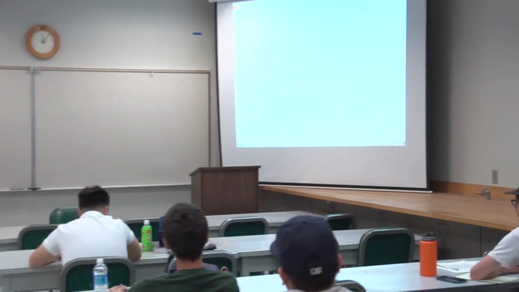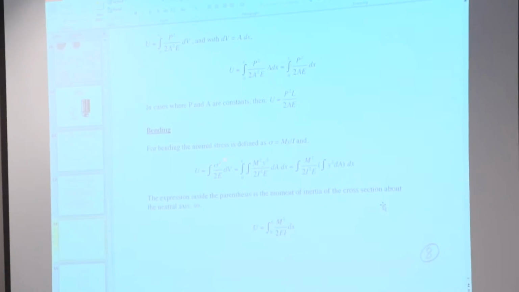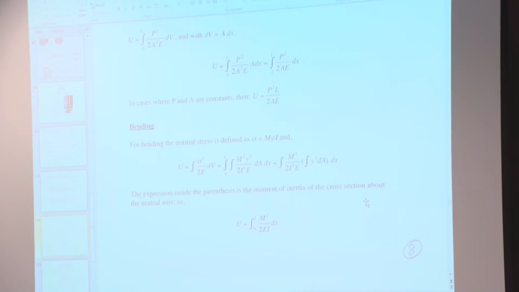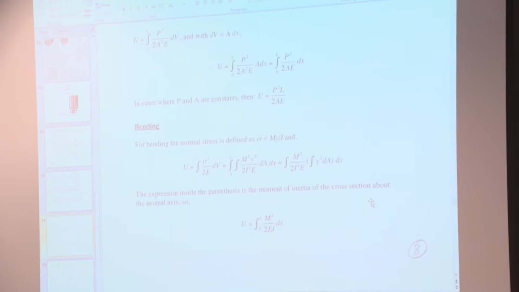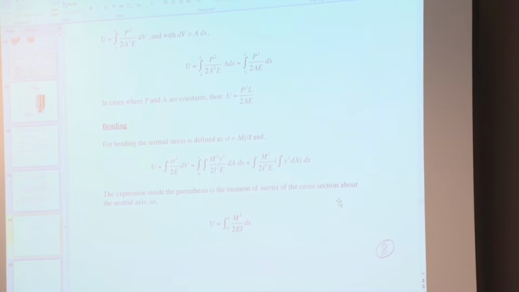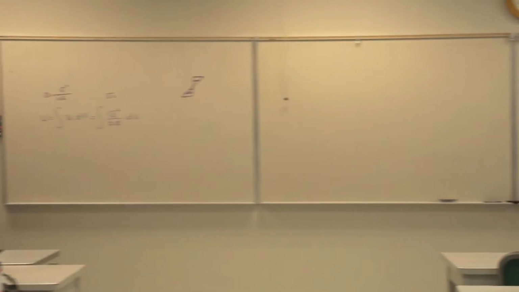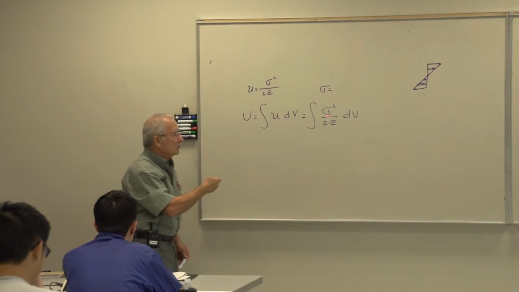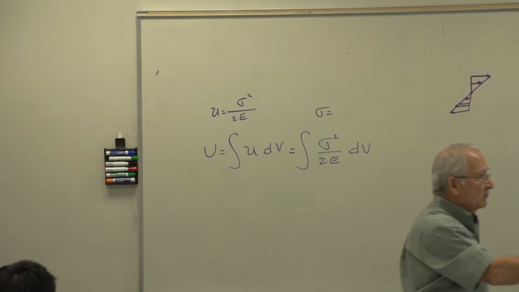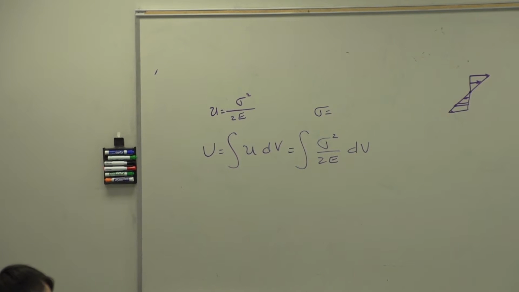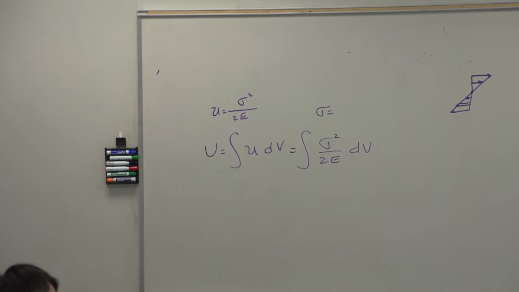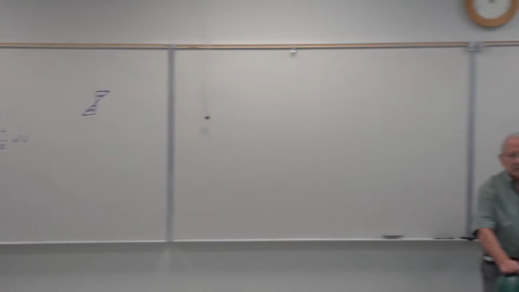If we do that in the equation that I have on the board, we say the integral of u dV equals, and substitute for this now, the integral of sigma squared over 2E dV. Now we substitute for sigma, and if we do, this is what we get. It's on the screen here, and of course in your handouts as well. Then we recognize that dA and dx are essentially independent of one another, the differentials.